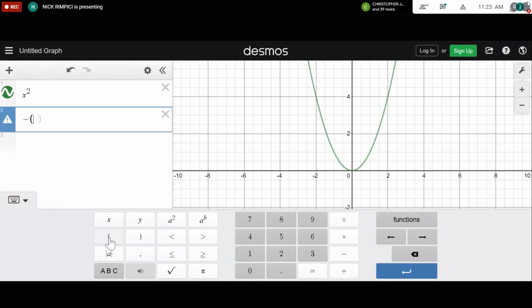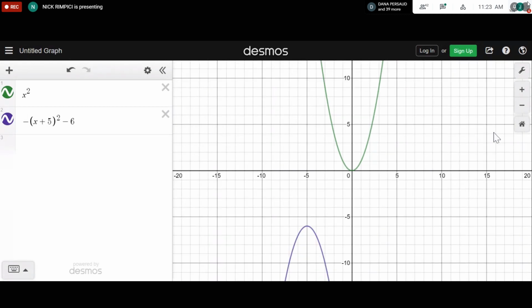Negative (x plus 5) with a squared on the outside, minus 6. Let me zoom out a little so I can see that. Okay, so here's what I have. The green one is A, and the blue, or bluish purple colored one, is B.